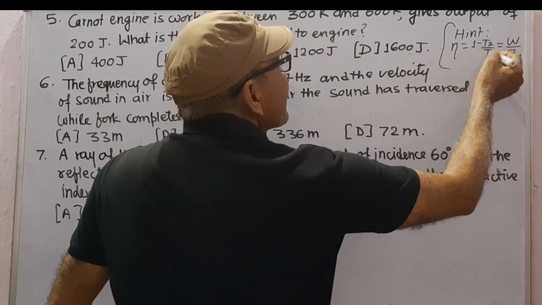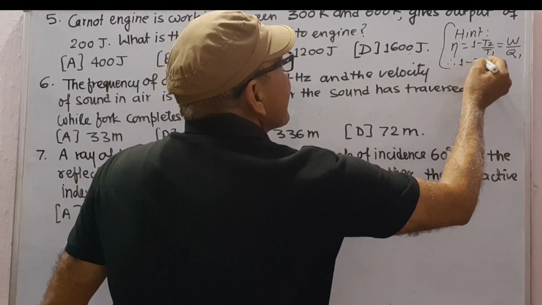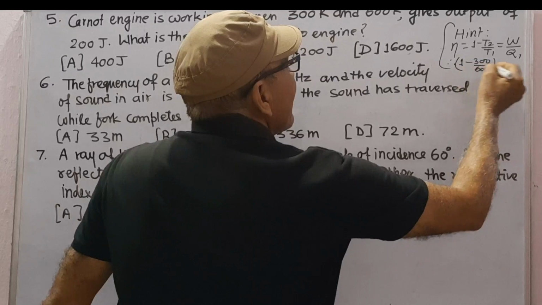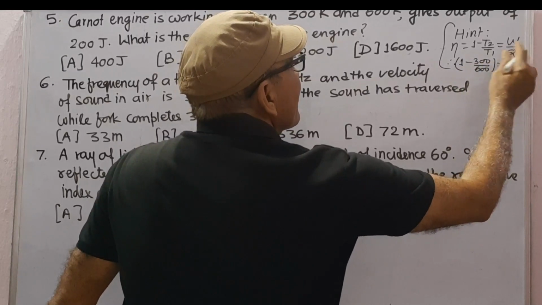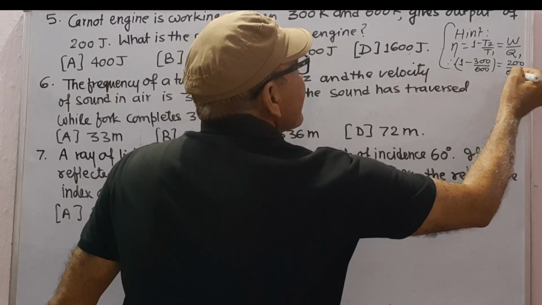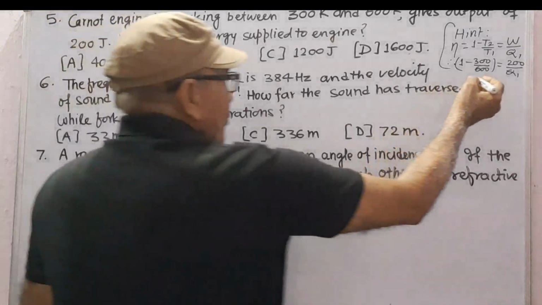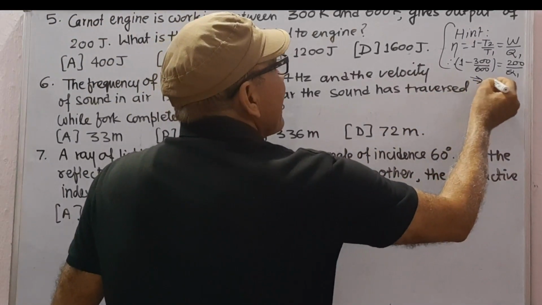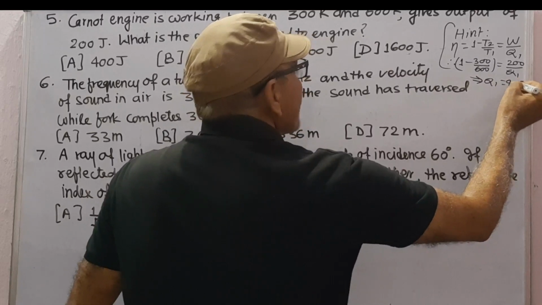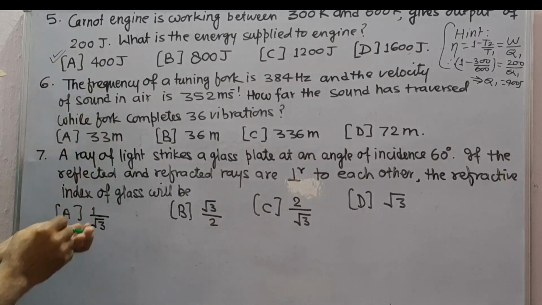So 1 minus 300 upon 600 is equal to W, which is 200, upon Q1. This gives Q1 as 400 joules. Therefore, the correct option will be A.